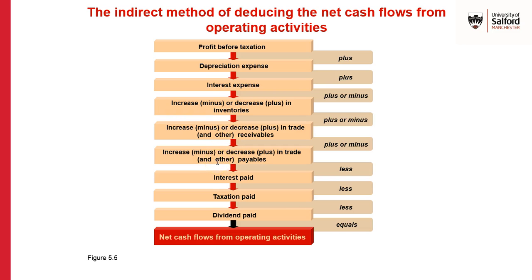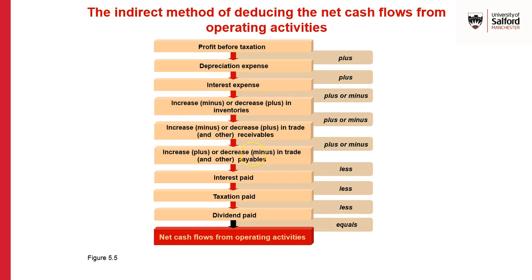And then it's the opposite way round for payables, which is creditors. So an increase in creditors is deducted. No, it isn't. It's added. So an increase in creditors, as we were saying with the Tesco statement, is like a source of funds, a source of cash.